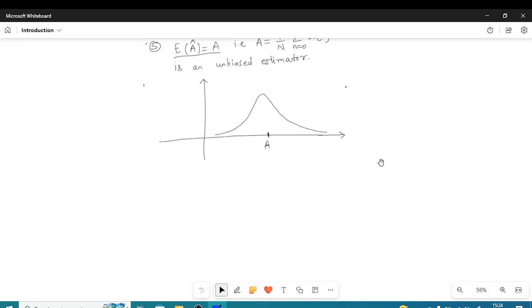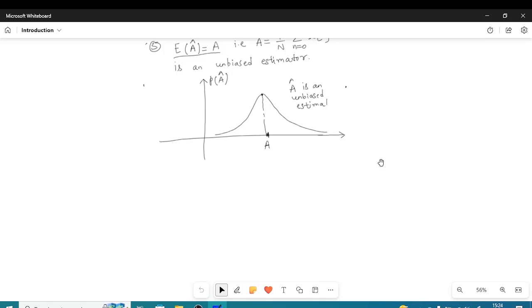Its mean value is A. See, the mean value of the probability of A hat is A. That means A hat is an unbiased estimator. Okay.